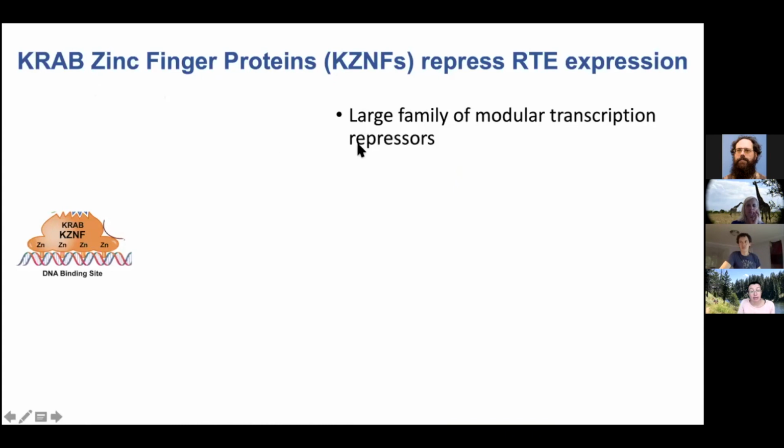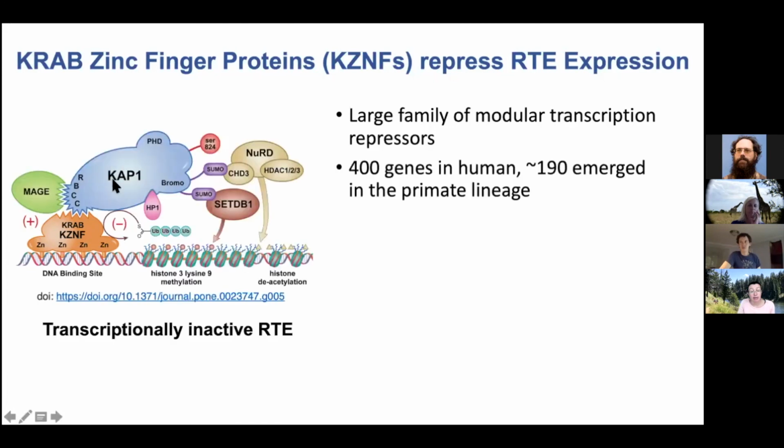This is a large family of modular transcriptional repressors that take advantage of arrays of zinc finger domains, which confer DNA binding specificity, and also have a KRAB domain, a protein interaction domain that recruits the factor KAP1, which itself is a nucleating factor for a number of proteins, which together lead to generating repressive chromatin, both through histone and eventually through DNA methylation.